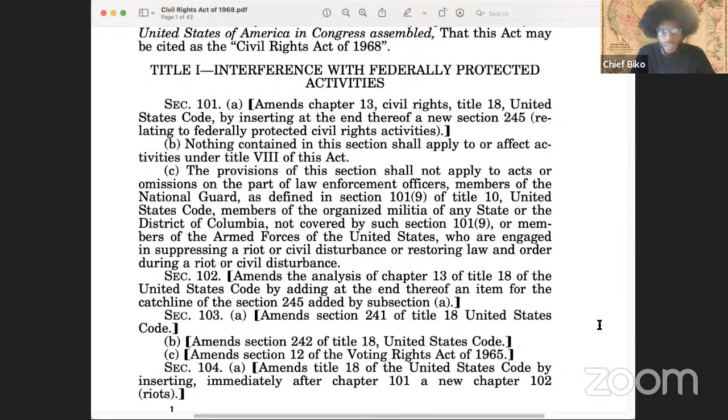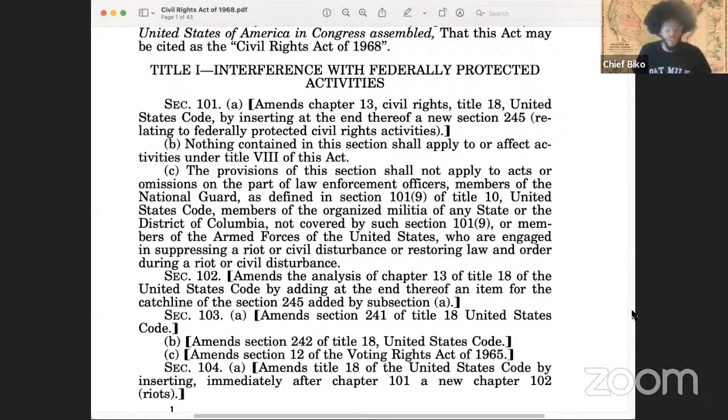The provisions of this section shall not apply to acts or omissions on the part of law enforcement officers, members of the National Guard, as defined in Section 101(9) of Title 10, United States Code, members of the organized militia of any state or the District of Columbia not covered by such section, or members of the armed forces of the United States who are engaged in suppressing a riot or civil disturbance or restoring law and order during a riot or civil disturbance.